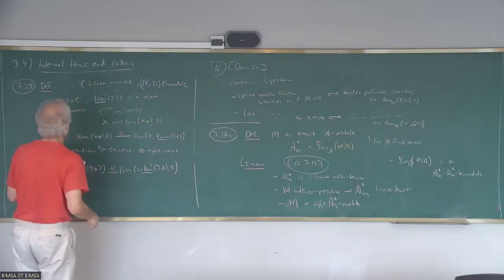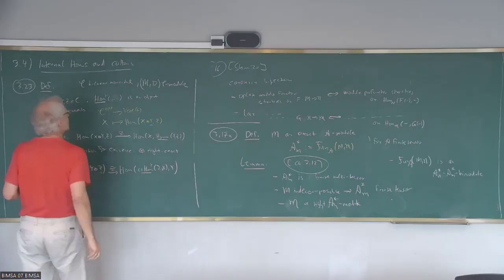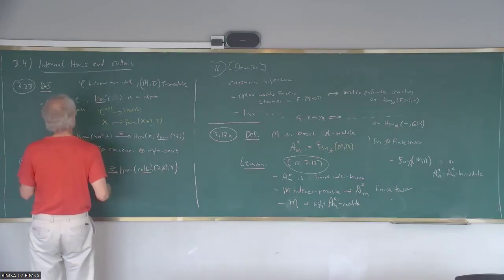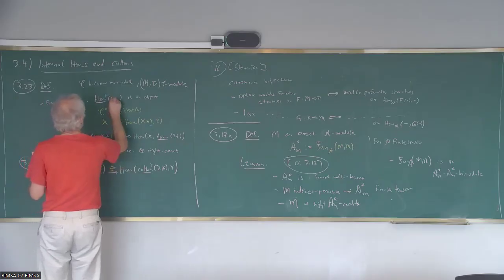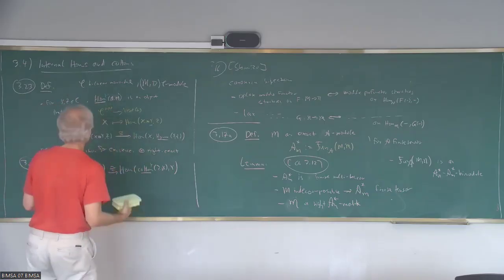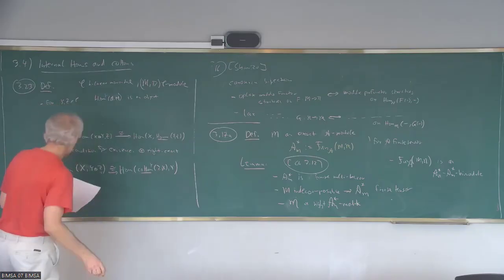So in that case, we will now have not objects in C, but in M. Let's call them M and M prime. So this will let me just write down the corresponding adjunction.